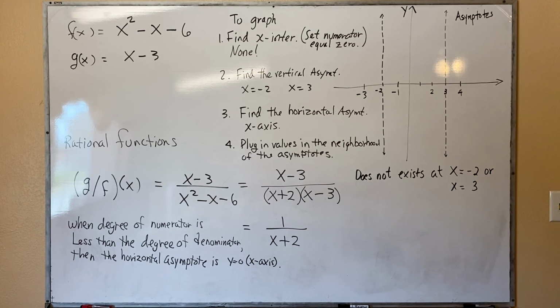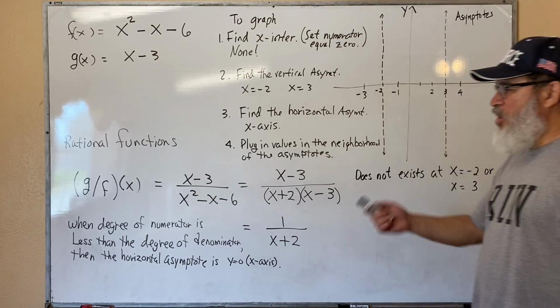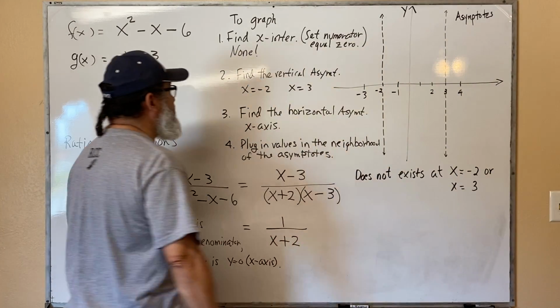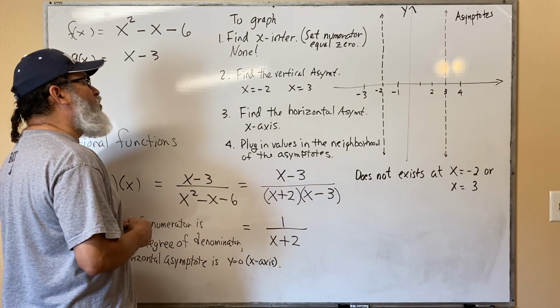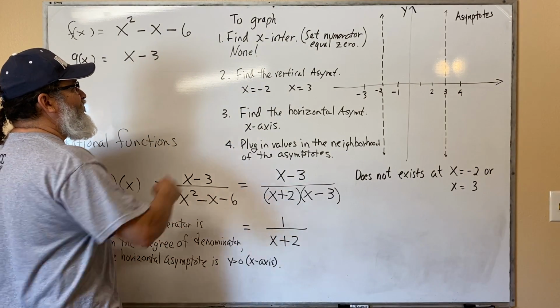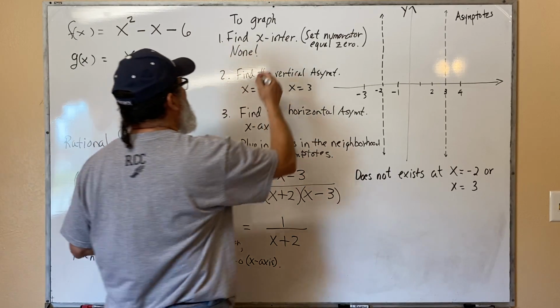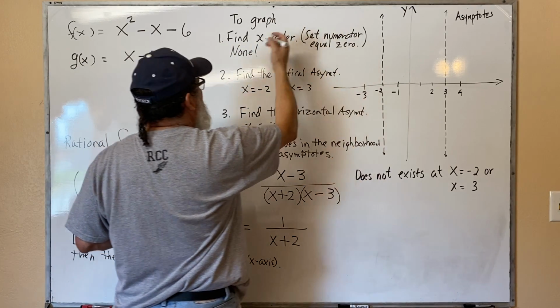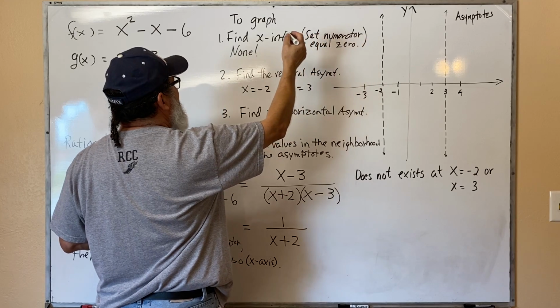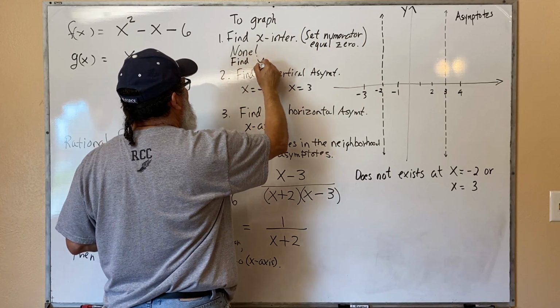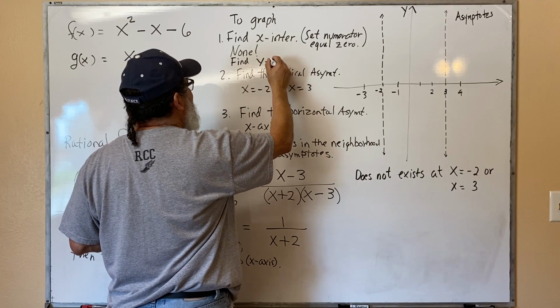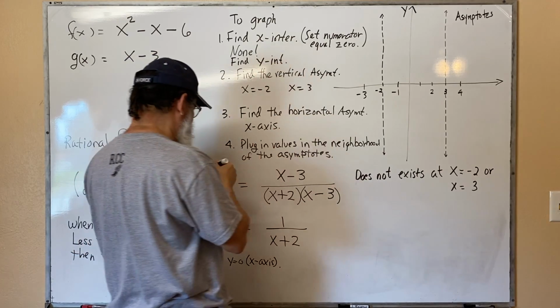All right. By the way, you can also find the y-intercept. So here you may also say, let's find out the y-intercept. Find the x-intercept and also the y-intercept. Where do I write that? Find y-intercept.